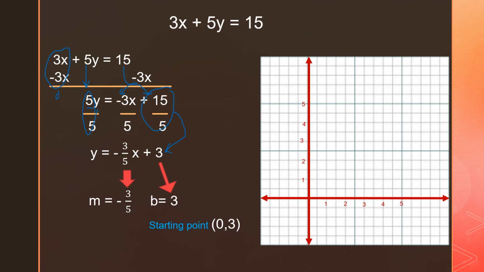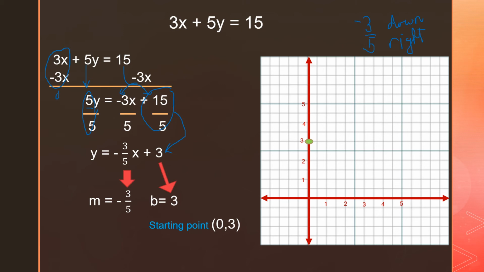In our graph, first you have to find the starting point. So the point 0, 3 is in here. And then since we have negative 3/5, this means that we can go down 3 times. And after that, we go to the right 5 times.